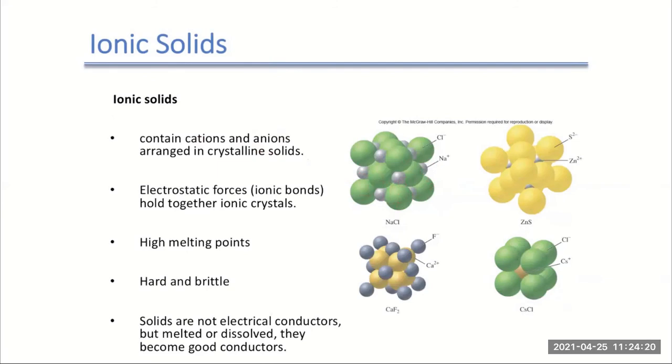It has that alternating pattern to maximize those ionic forces. And you can have different arrangements. We have sodium chloride, zinc sulfide, cesium chloride, calcium fluoride. All of these are different types of crystalline solids. And they tend to have high melting points. They tend to be fairly hard and brittle.